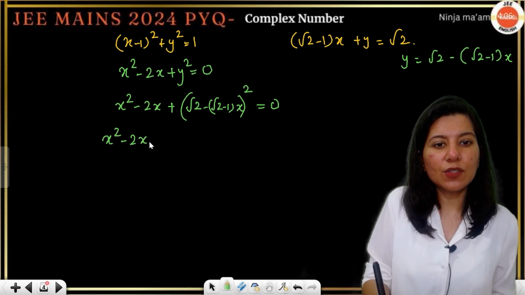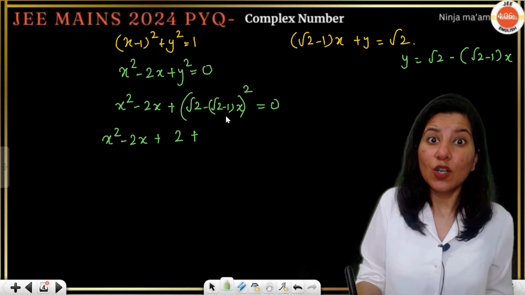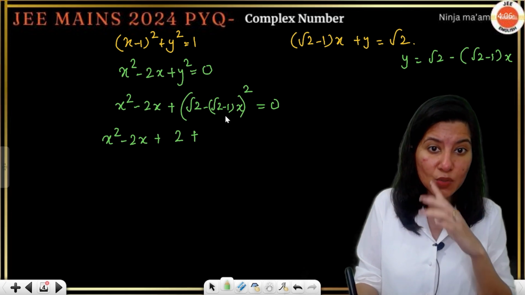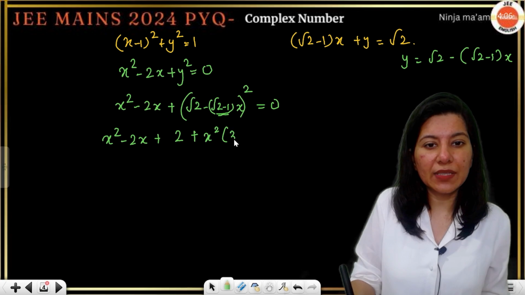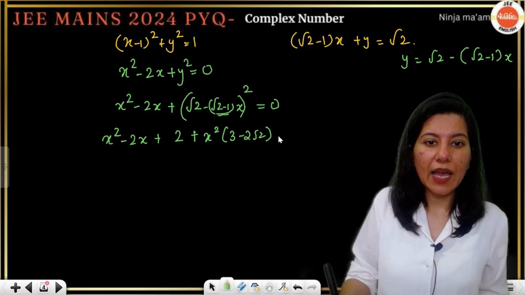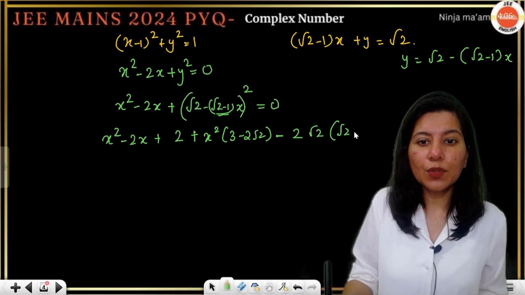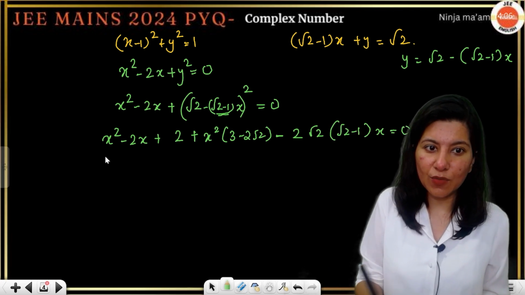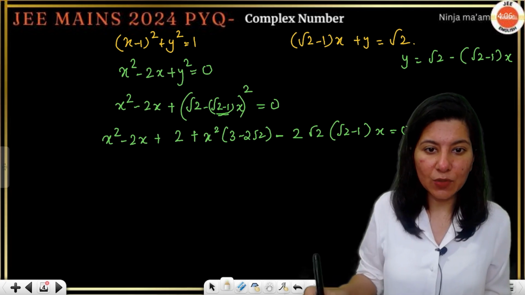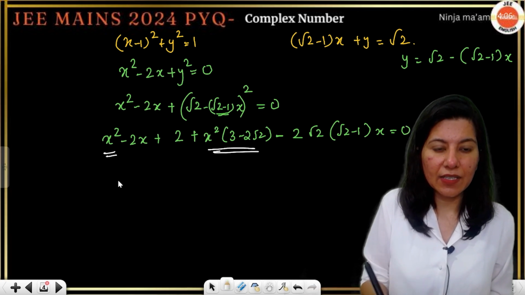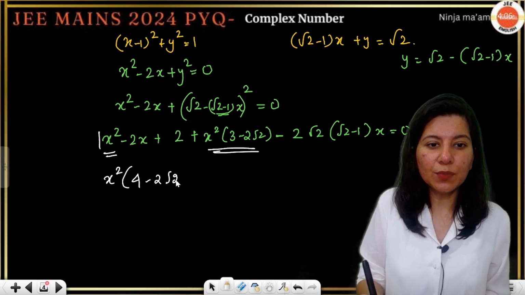X square minus 2x plus 2, then we have plus root 2 minus 1, squared. So the x square coefficient will be the square of this: 2 plus 1, 3 minus 2 root 2, and minus 2 root 2 minus 1 x equals 0. We just need to solve it. So now let's club them together. The x square coefficient will be 1 plus 3 minus 2 root 2.